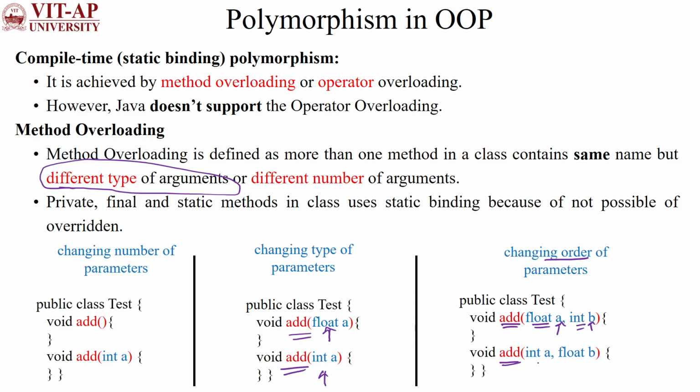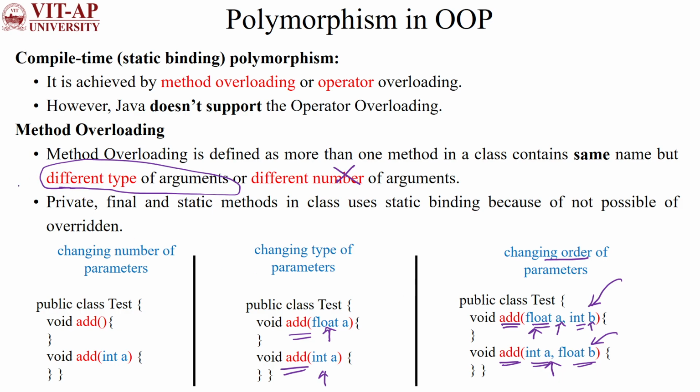Both are local variables, and we are defining two variables, so the count is the same. So the second constraint is not enforced, but the type of the parameter differs: in the first method the first variable type is float, in the second method the first variable type is integer. Likewise, in the first method the second variable is integer, but in the second method the second variable is float.